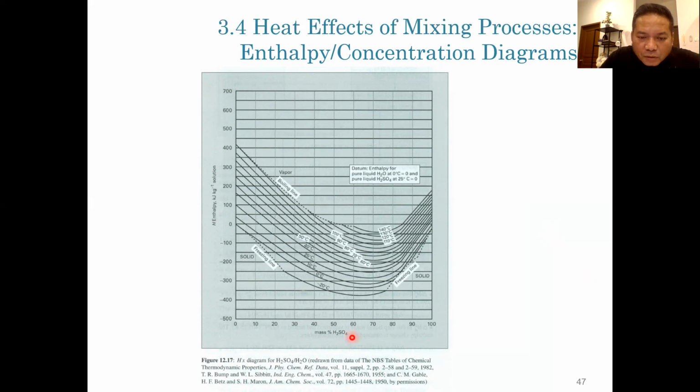So what is the percentage mass of sulfuric acid? It's 100%. You can see here it's almost toward zero, because it's a pure species. But when mixing here, let's say 50% at 0 degrees Celsius, that's how much heat of mixing you will encounter.